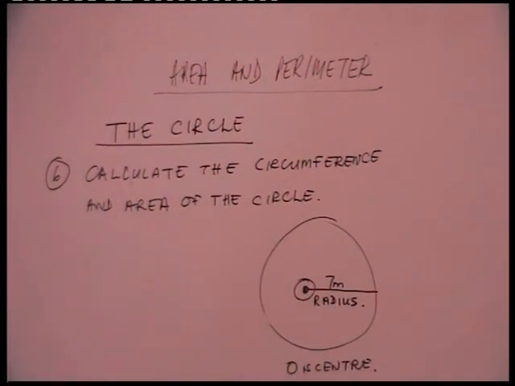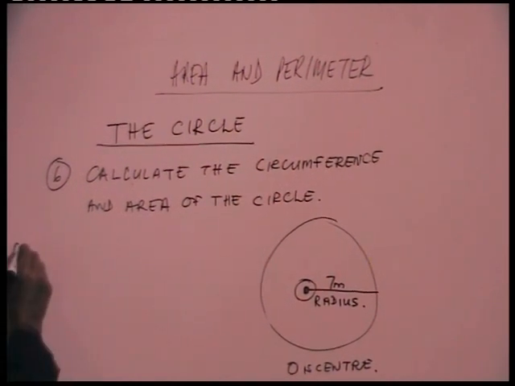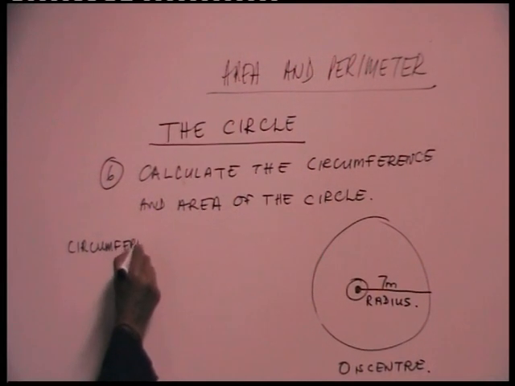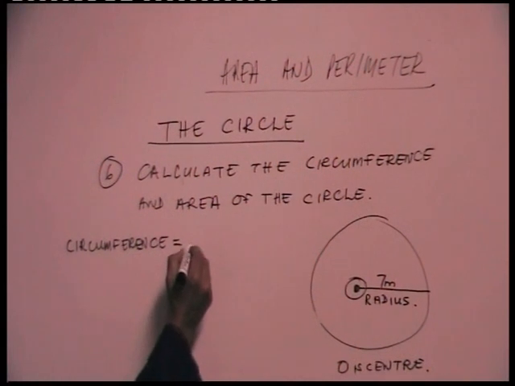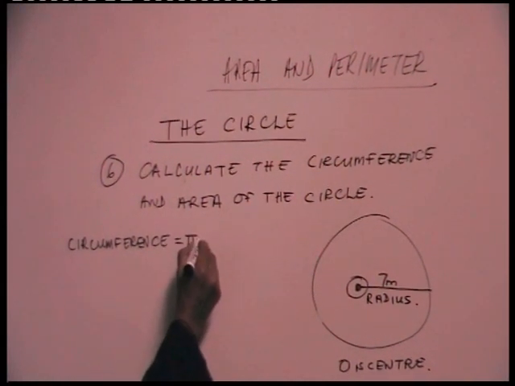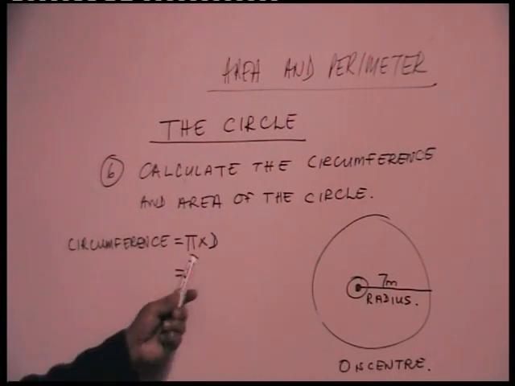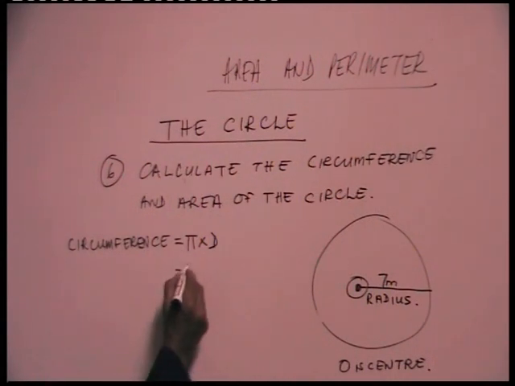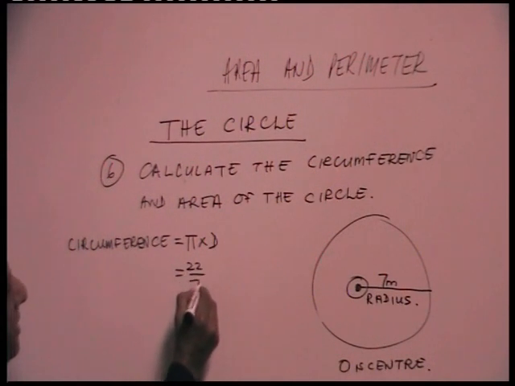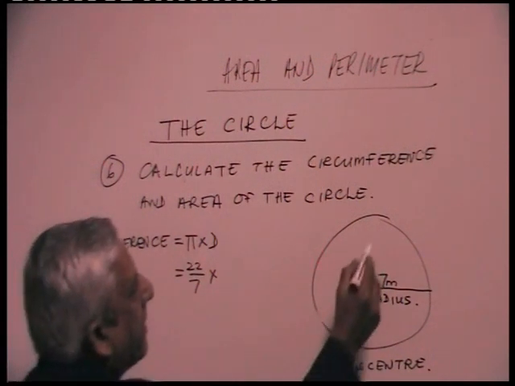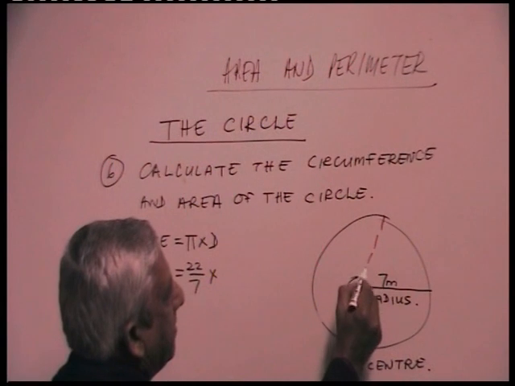Now, you want the circumference. The circumference is equal to pi times diameter. We told you earlier that pi is 22/7. Now you want the diameter. When you look at this diagram, the diameter is not given, so let's draw the diameter in.